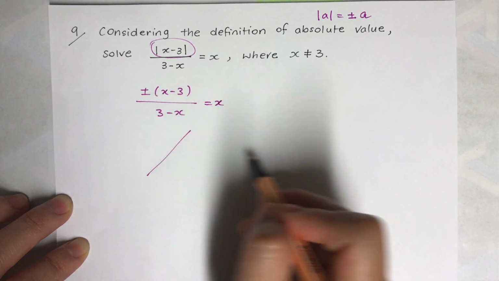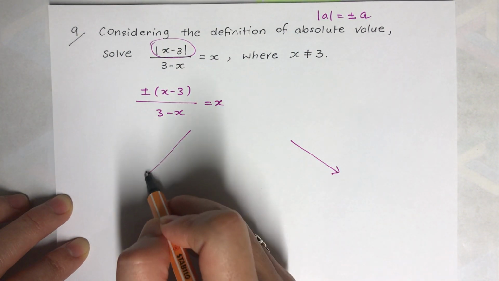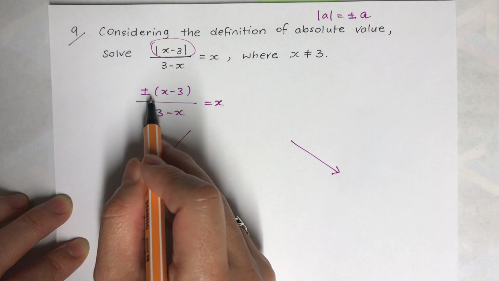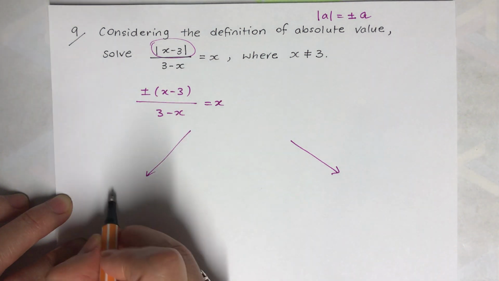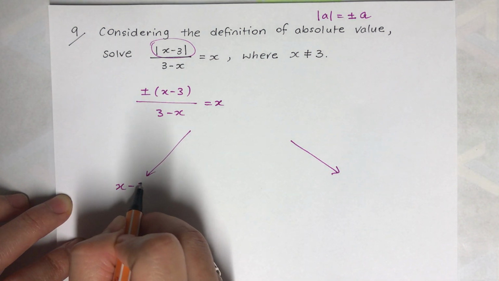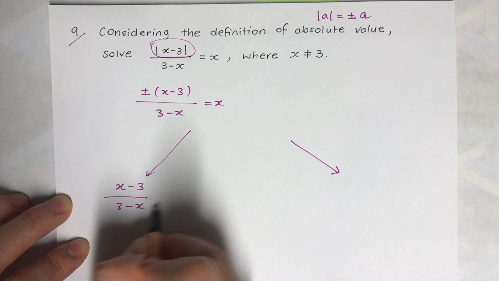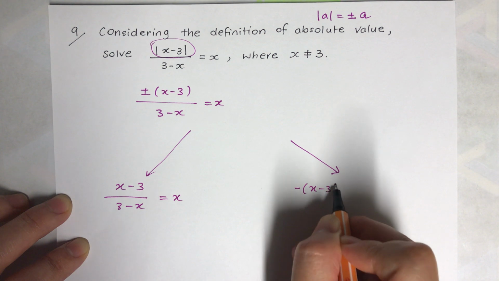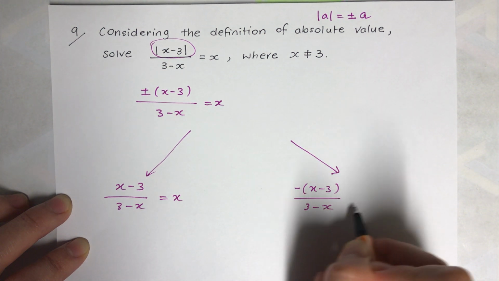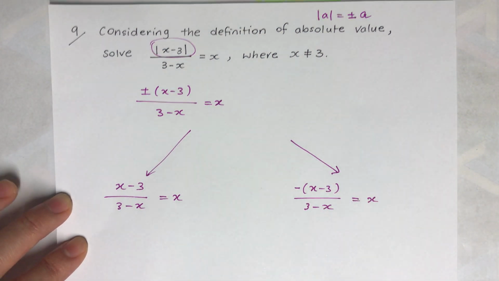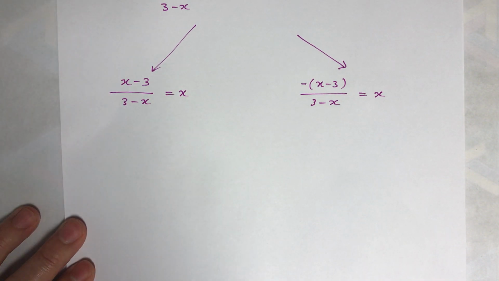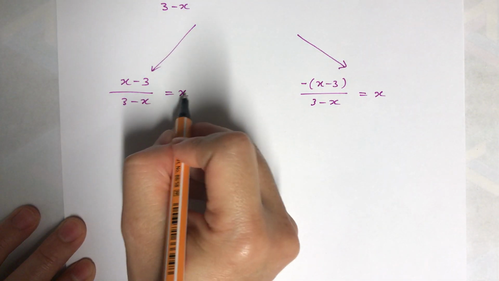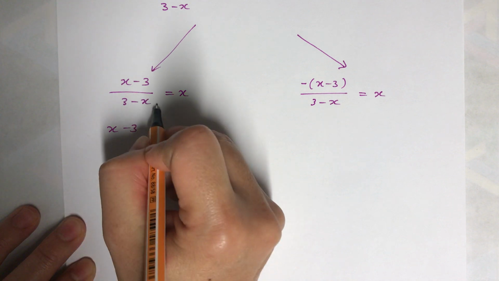So we've got two cases here. The first one is positive, the second one is negative. So I'm going to go when it's positive, and what happens if it's negative. Okay, so those are two cases. So I'm going to continue with that. So I'm going to multiply this together.